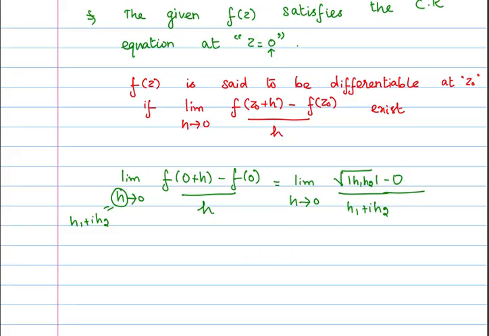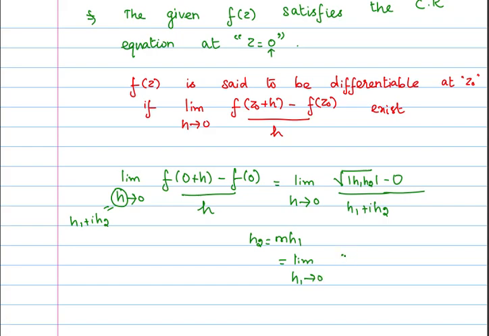Next, I take h2 equal to m times h1. I choose it in such a way that the limit as h tends to 0 becomes h1 tends to 0.